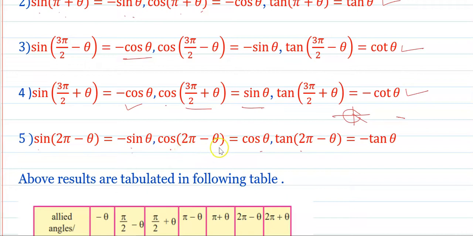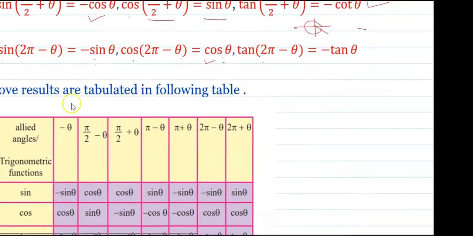Cos of 2 pi minus theta function remains as it is and त्याला साइन कसं, in fourth quadrant cos is positive and hence cos of 2 pi minus theta is cos theta. Next, tan of 2 pi minus theta is minus tan theta because tan is negative in the fourth quadrant.